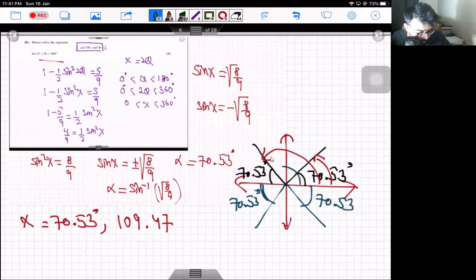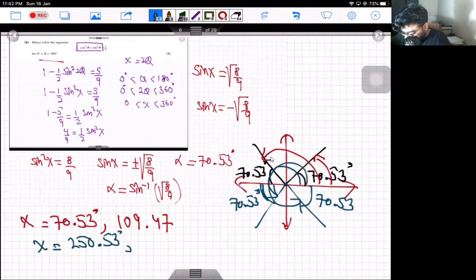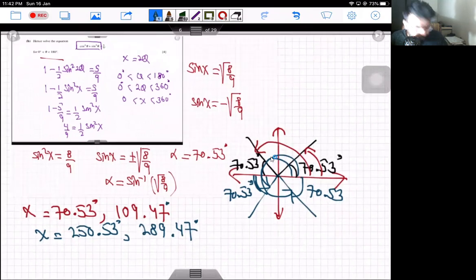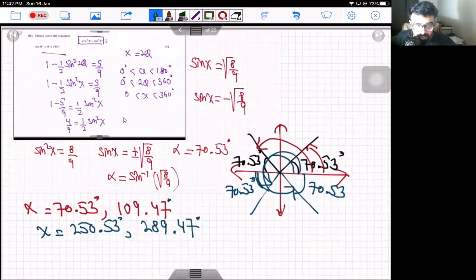One possible solution will be 180 plus 70.53, which is 250.53, and the fourth solution of x would be 360 minus 70.53, which is 289.47. These four solutions are of x, which means that all four solutions are of 2 theta, because x is equal to 2 theta.